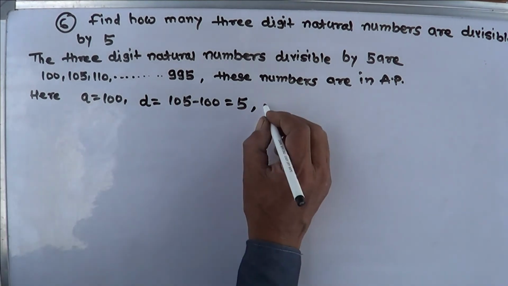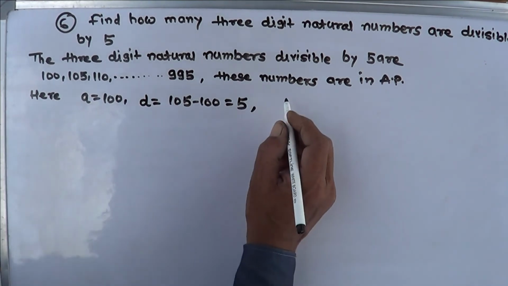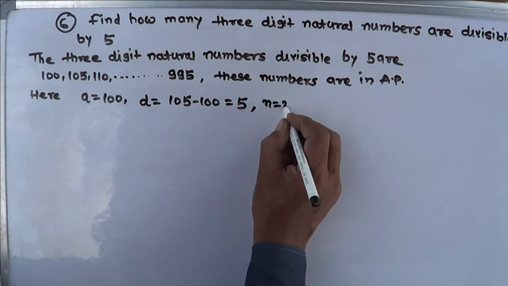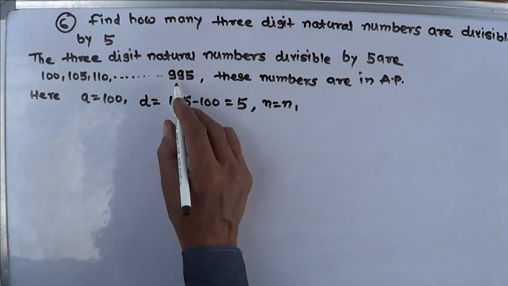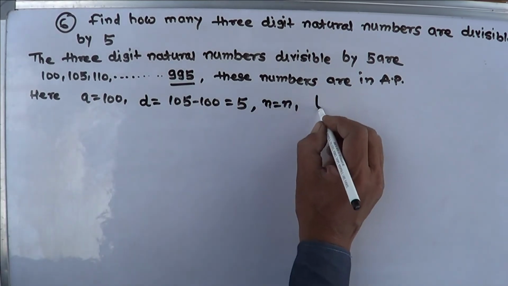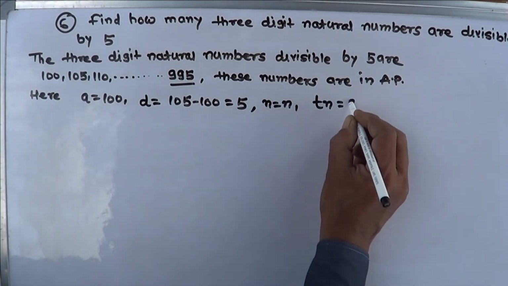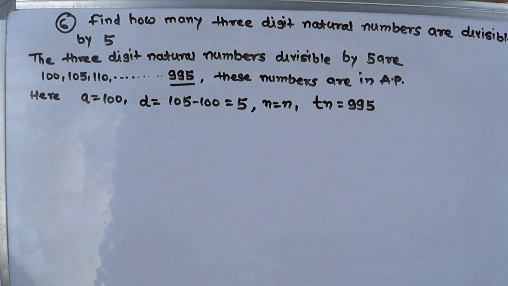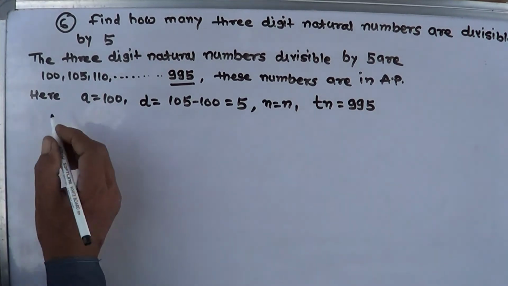Then we don't know how many numbers are there, so N will be equal to N, and we have last number, that is Tn, that is equal to 995. Now we will find the value of N with the help of formula.